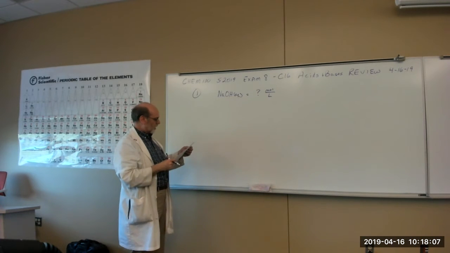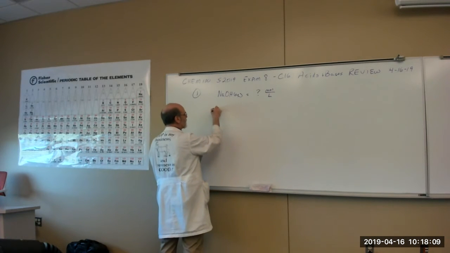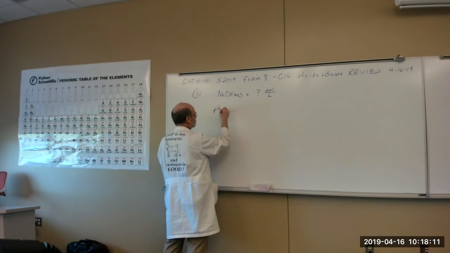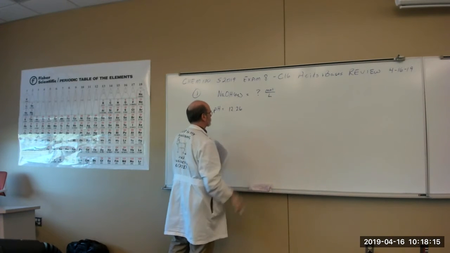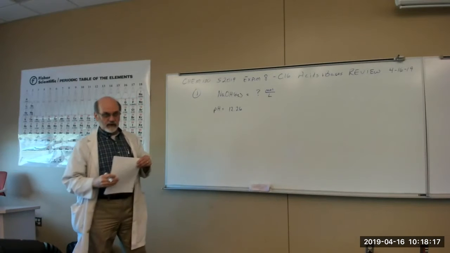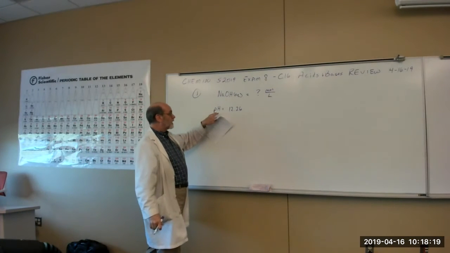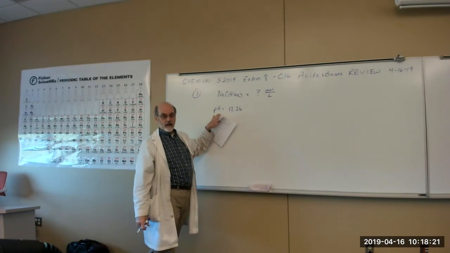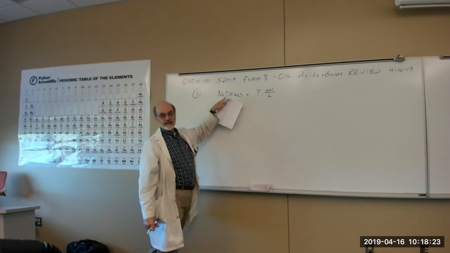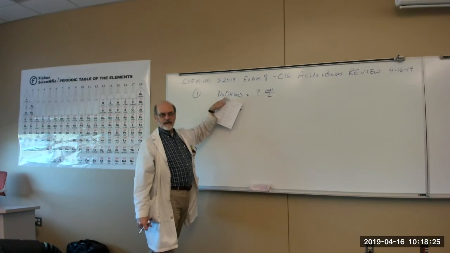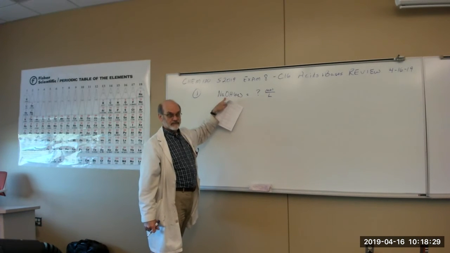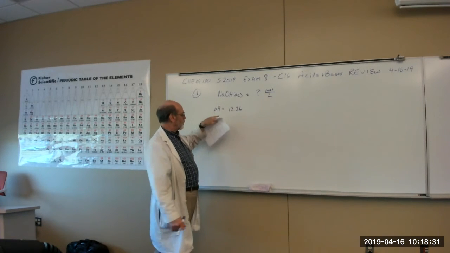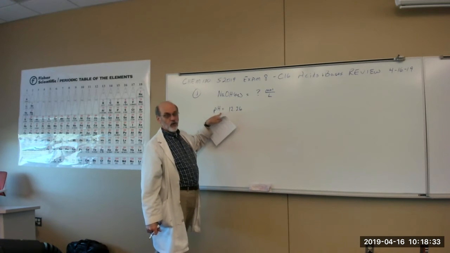How many moles of that to prepare a solution that is pH 12.26? All right. We can convert that to hydrogen ion concentration, but that doesn't tell us anything about this one. What we need is hydroxyl concentration, right? So why don't we convert this to pOH first?